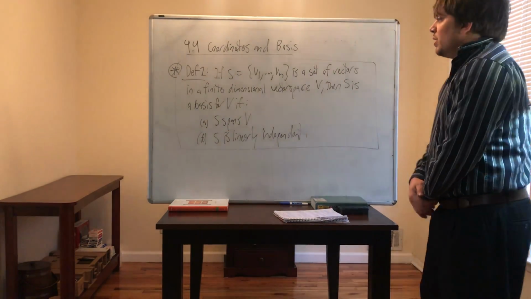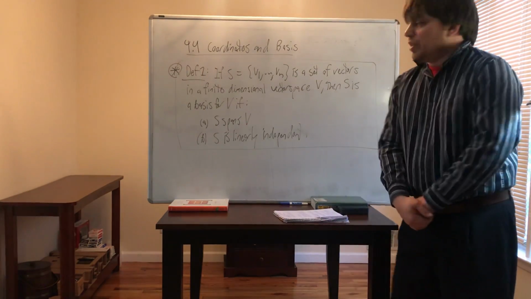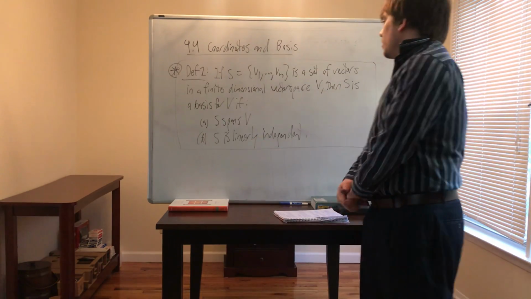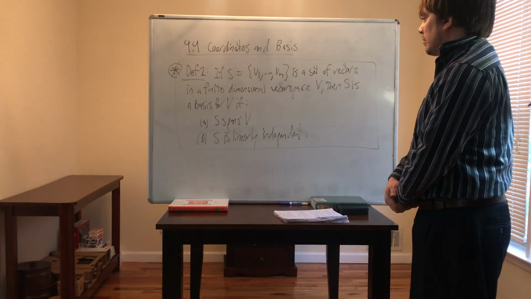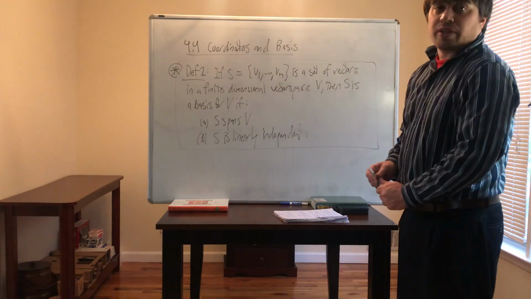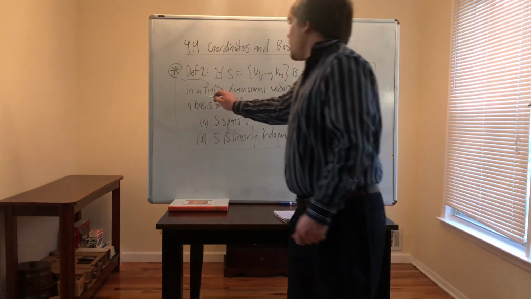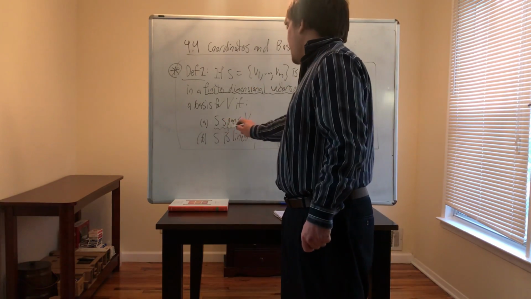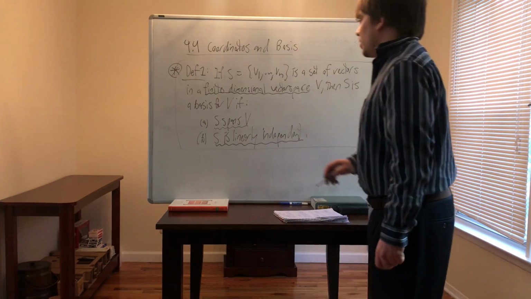So you need to know what it means for a set to span a vector space, and you need to know what it means for a set to be linearly independent. And you have to know what a finite dimensional vector space is. I'm going to squiggly underline the things you need to study before this in order for this to make sense: what a finite dimensional vector space is, what a set spanning a vector space is, and what a set being linearly independent means.